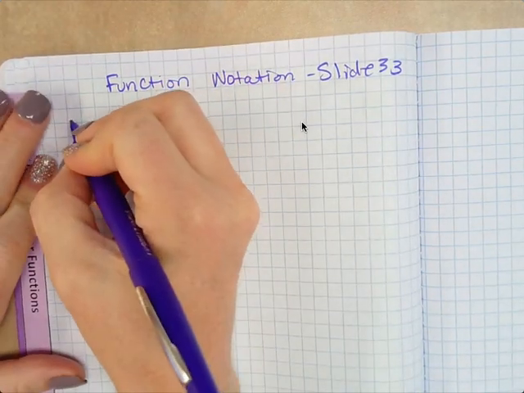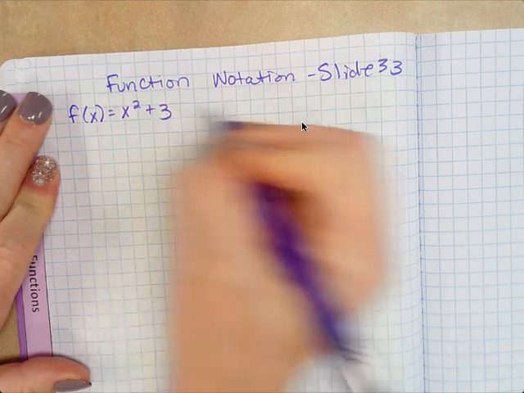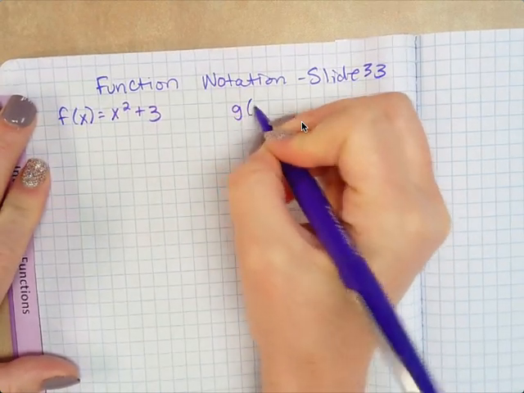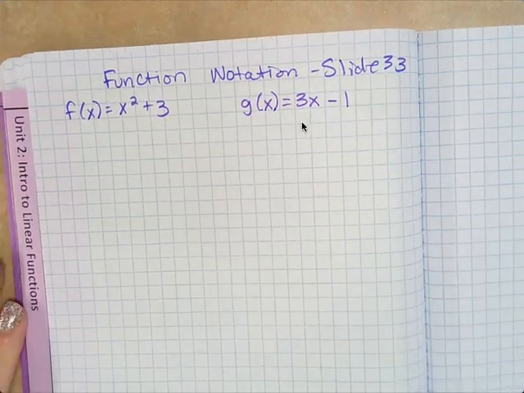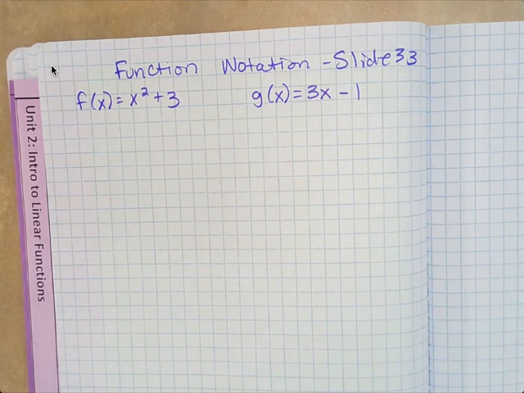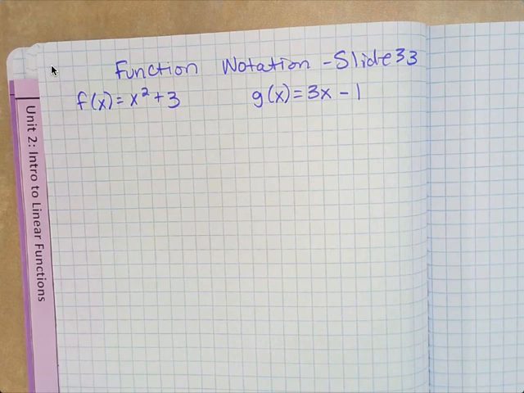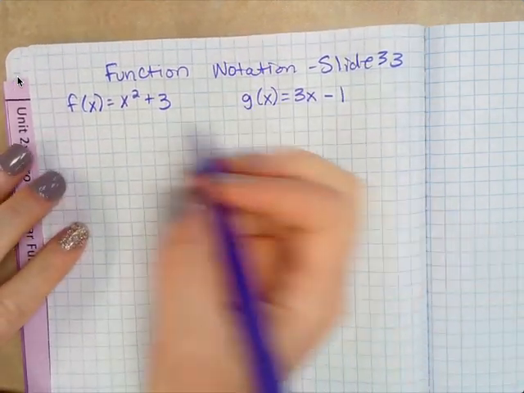Go ahead and write the two functions down. So f of x is x squared plus 3. And then g of x is 3x minus 1. So it says find the following values.